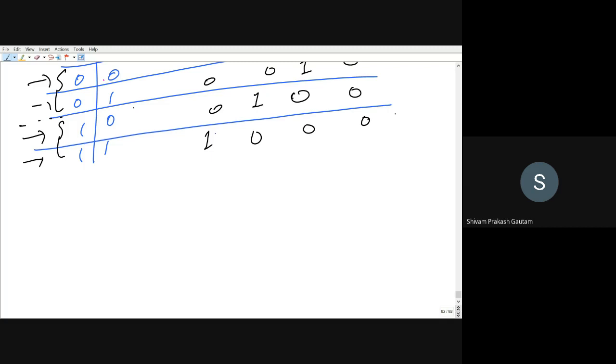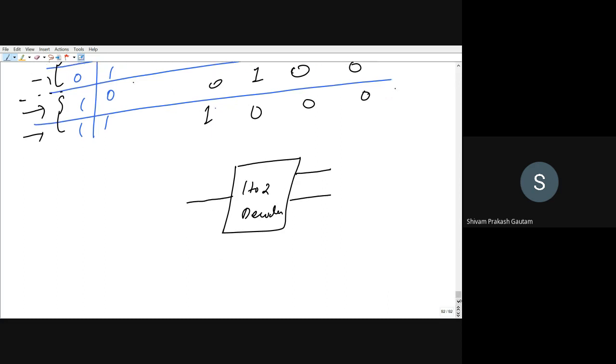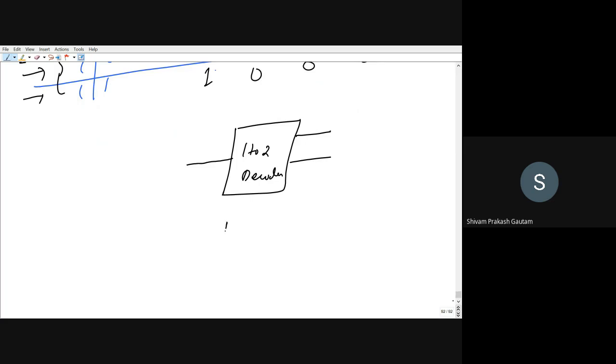So let us suppose we have a 1 to 2 decoder, with only one input, and for this one input there will be 2 corresponding outputs. Similarly, we can use another 1 to 2 decoder, with one input and 2 corresponding outputs.